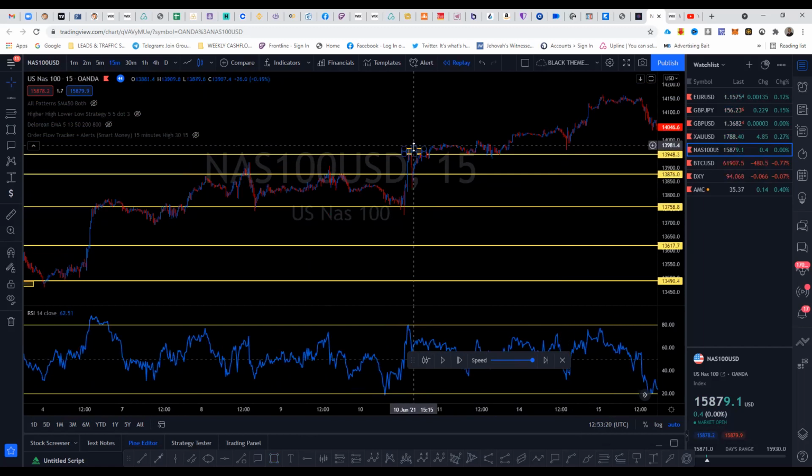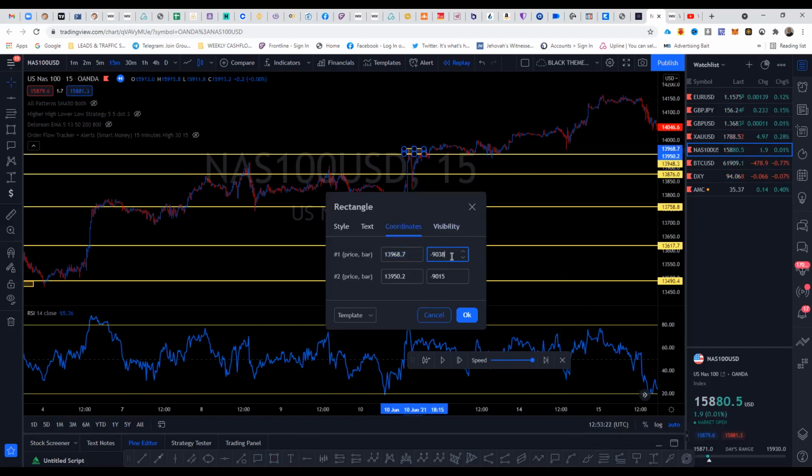So then I'm going to go ahead and start changing the coordinates to these zones, and then we're going to go on ahead to the 30-minute.